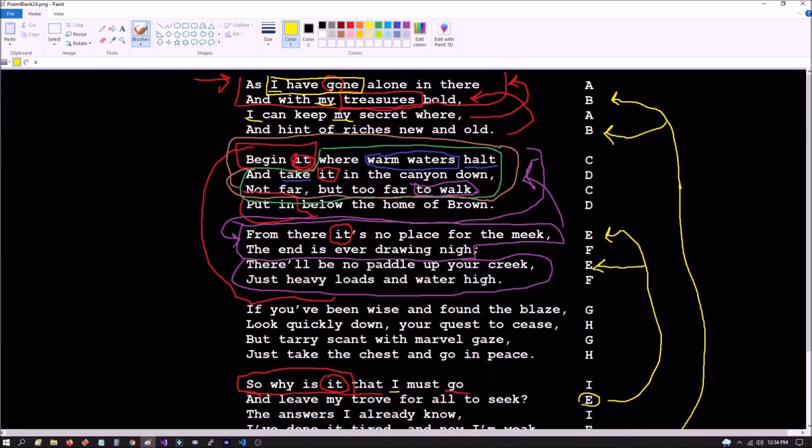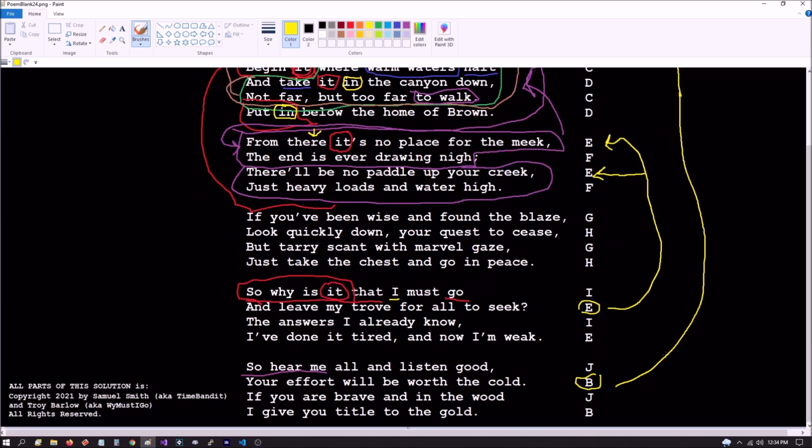You'll notice that when he talks about "in," he's saying "in there, in the canyon down," and then we have "put in below." So in there, in the canyon down, in below. As soon as we get here, below this, in there, we are now in there. You get it? We put in there. We are in the wood.